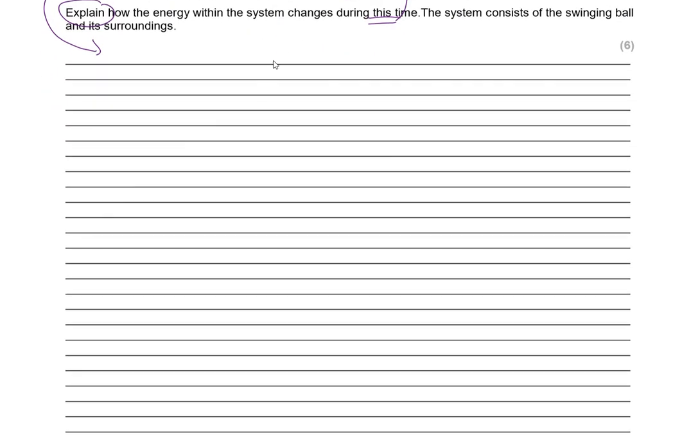It's going to be something like this. Let me call it A. It's going to go to B, then to C. Oops, can I go back? Let me just delete this.